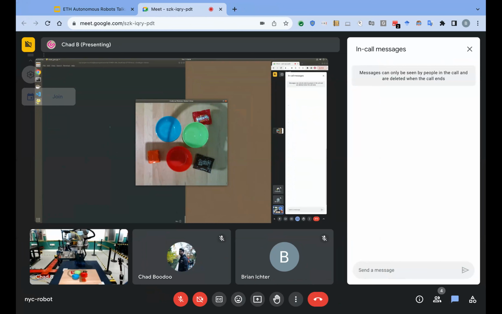And what's really nice about using foundation models is that you have language as this interface. So it's very straightforward. They're very general. So I can say something like, Chad likes peanut butter and his favorite color is blue. And you can actually see the code that it's writing in the bottom left if it updates.